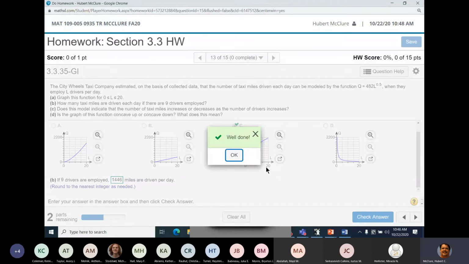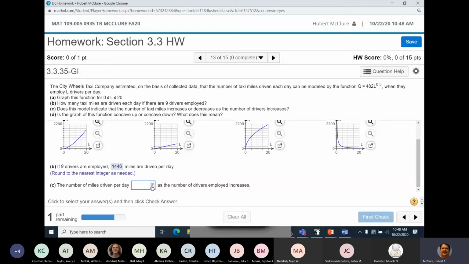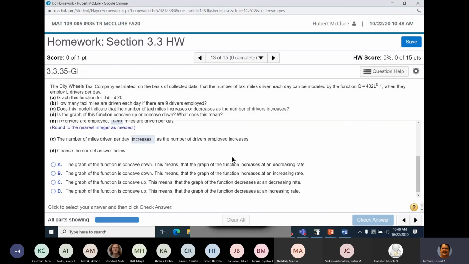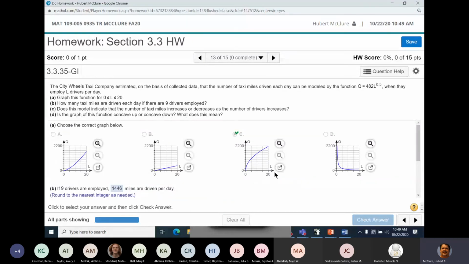What does C say? Does this model indicate that the number of taxi miles increases or decreases with the number of drivers? That would be increases. Think about it. If you hire a bunch of drivers, shouldn't the miles increase? Unless they're just sitting on the sidewalk. And is the graph of this function concave up or concave down? It looked like it was concave up. Let's look. No, concave down.